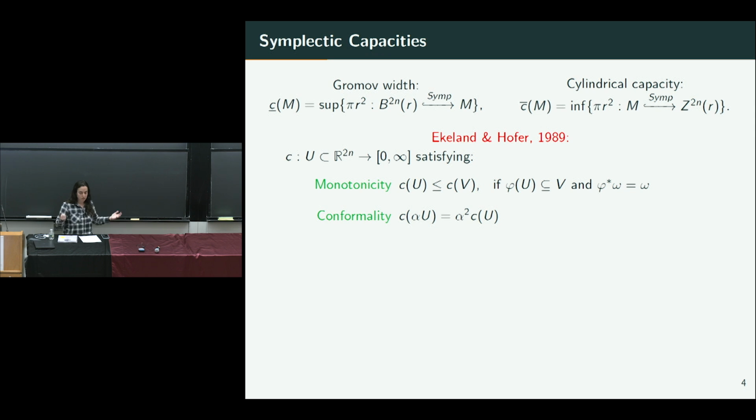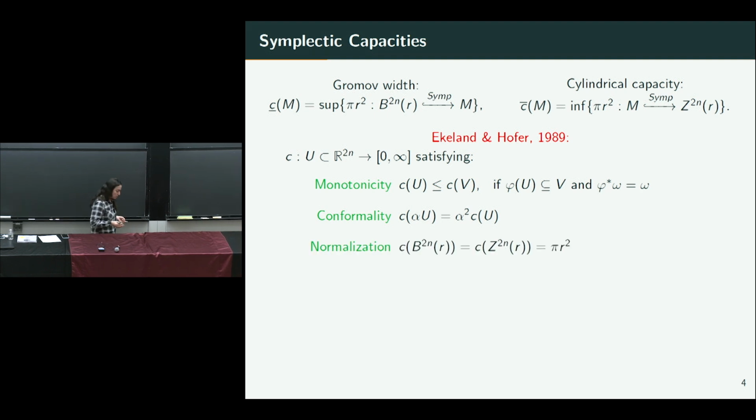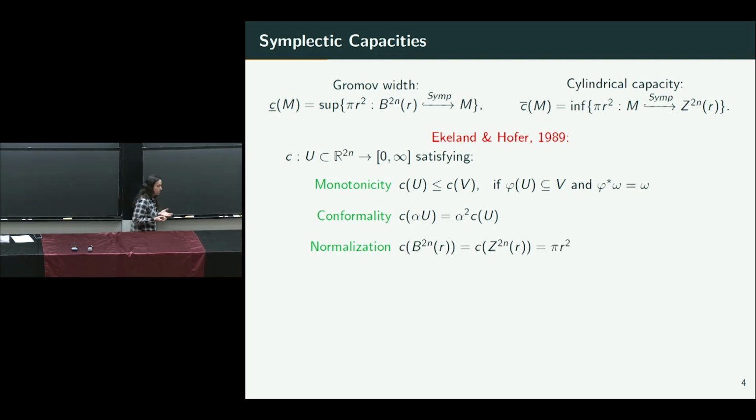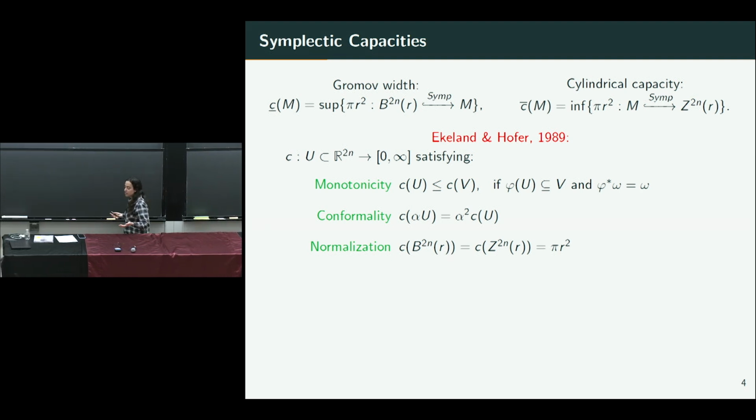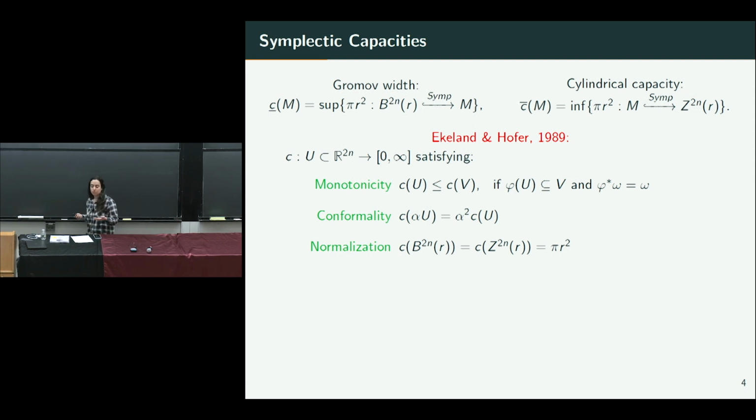So this is where the conformality axiom comes from. And we also add a normalization condition, which will guarantee that this global numerical invariant does not come from volume. So we want the capacity of a ball and the capacity of a cylinder to have the same size.